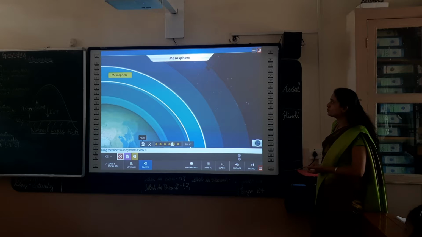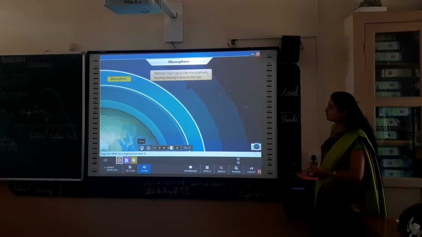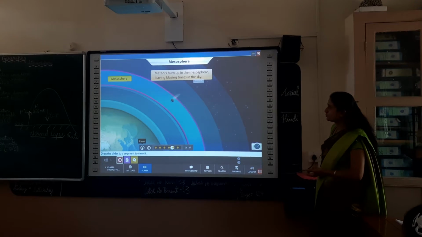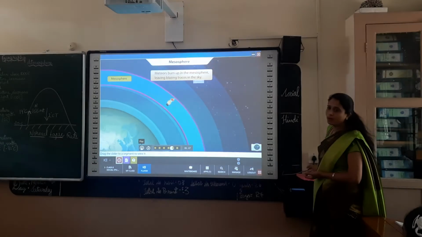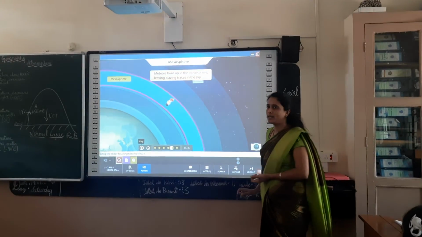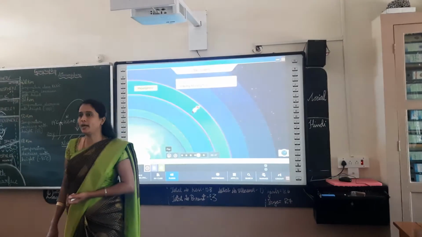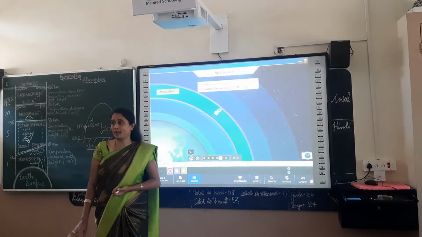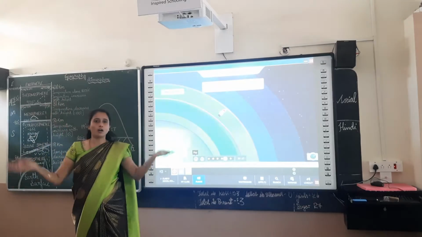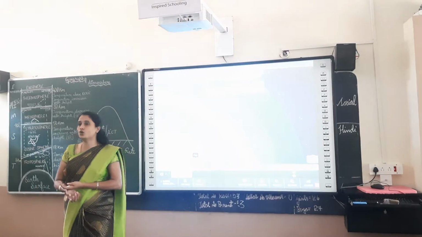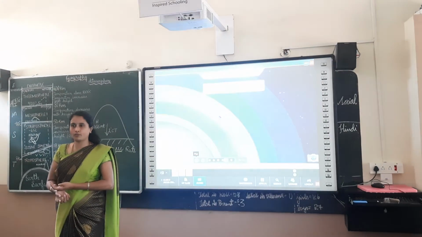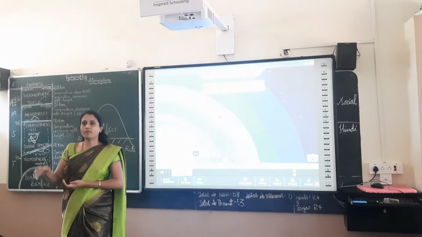In the mesosphere, speedy meteors coming from space slow down and burn up. Here is one more weather phenomenon. See, generally when we notice the sky in our night hours, sometimes we experience that a star is about to blast. Like that we used to think.